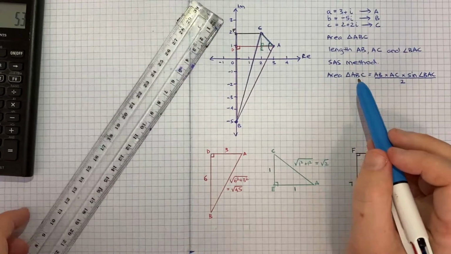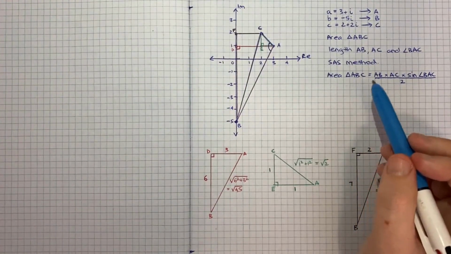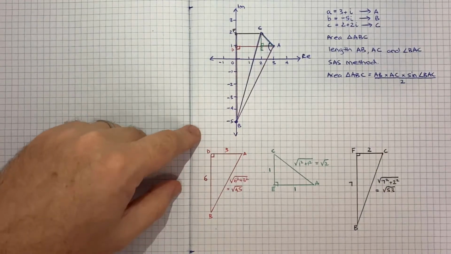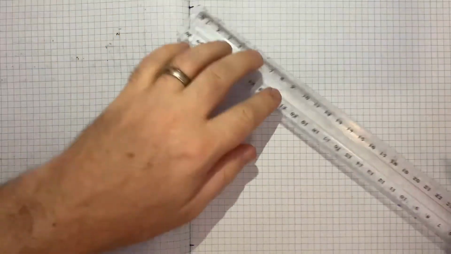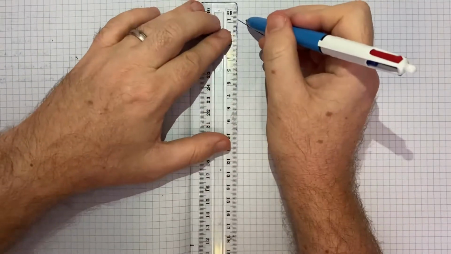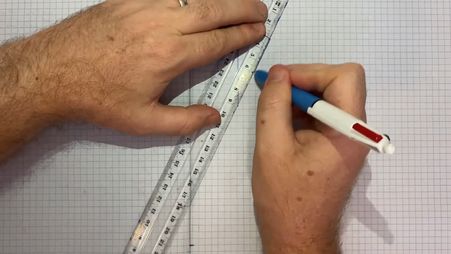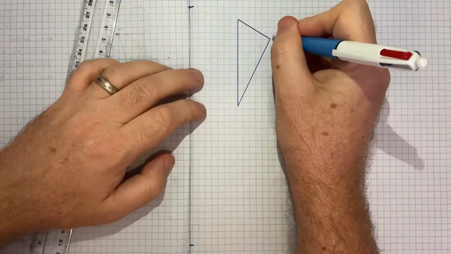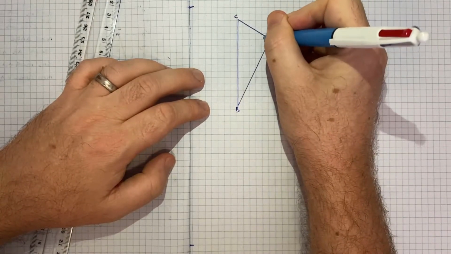So I might have to just turn over, and what I might do is redraw this triangle ABC. I'll just plot on everything we know. So we've got triangle A, B, C, and we care about this angle.